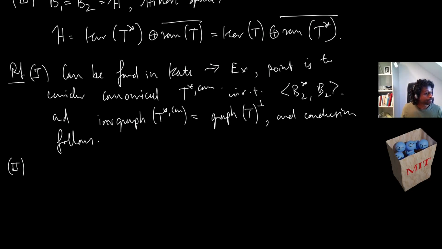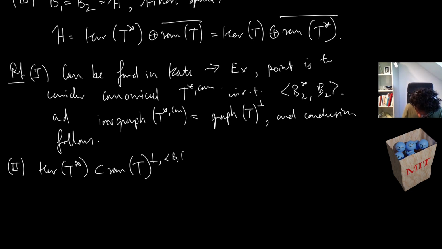Okay, we only have 1 minute, so let me just quickly prove this. So the kernel of T star being contained in the range of T perp. How does this go?